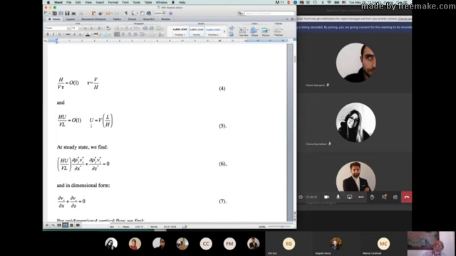And even more interesting, you know that your horizontal velocity is equal to the vertical velocity multiplied by L over H, so your horizontal length divided by your vertical length.